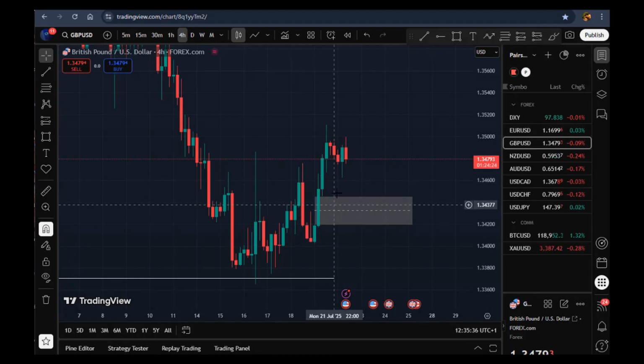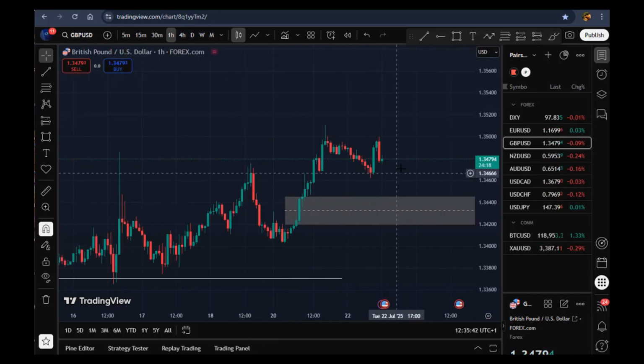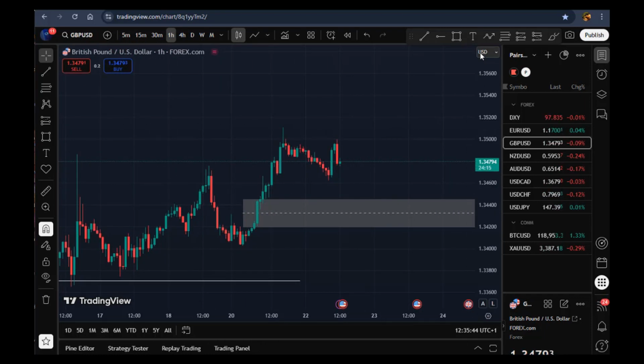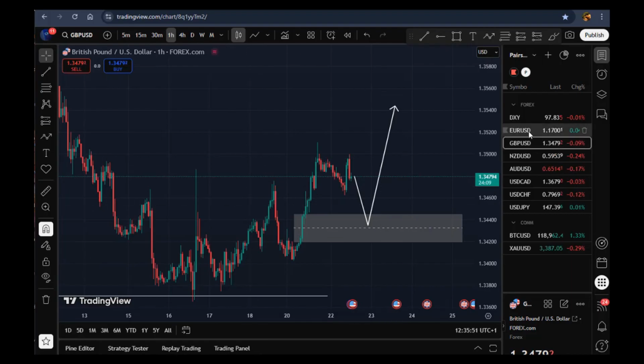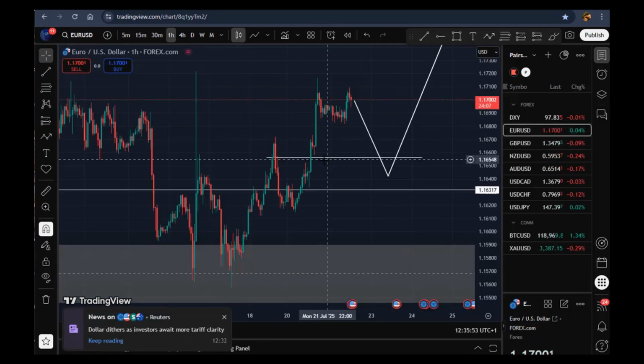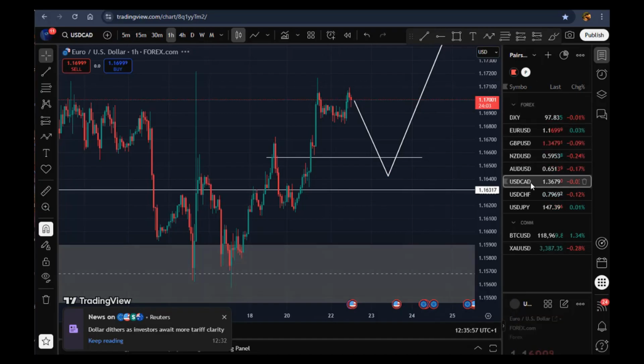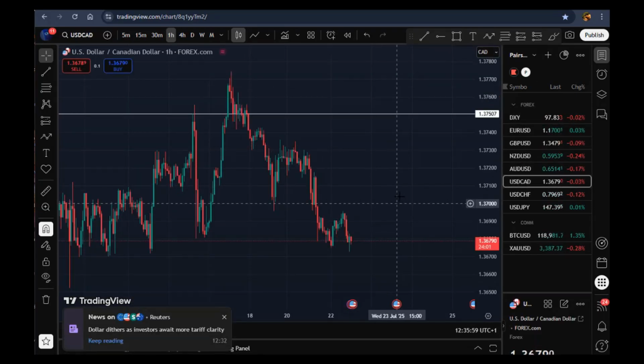We can utilize this bullish fair value gap here and even go into a lower time frame, wait for it to drop down here and continue going higher. So I am anticipating this on GBP USD, and on Euro USD it is just to utilize this level here to continue buying.